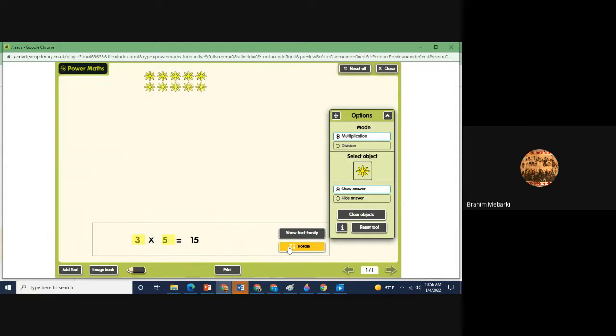And this is how to show 3 times 5, 15. They are the same. I can also show the related fact family. 3 times 5, 15. 5 times 3, 15. 15 divided by 3, 5. 15 divided by 5, 3.